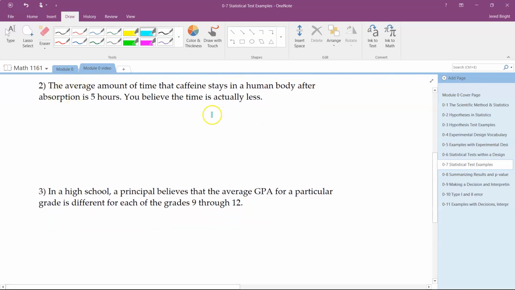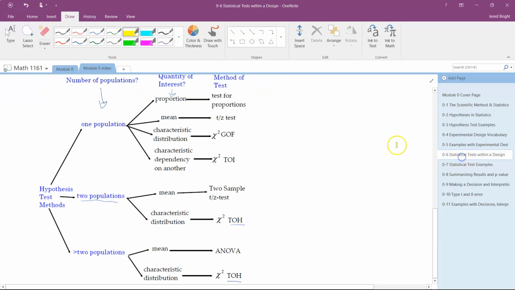The average amount of time that caffeine stays in a human body after absorption is 5 hours. You believe that the time is actually less. Okay. So again, I need to think first, how many populations are there? How many groups am I looking at? Well, I think it's just one human body, right? So humans generally. Okay, so it's one population, and so I'm at the 1 population mark.